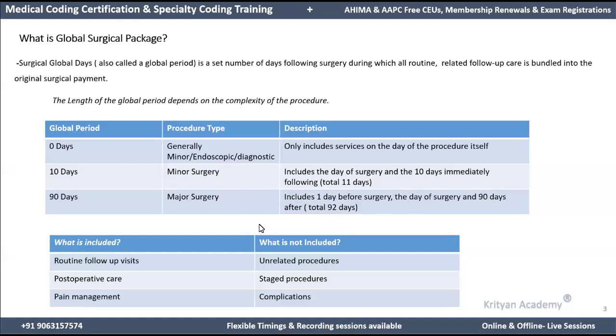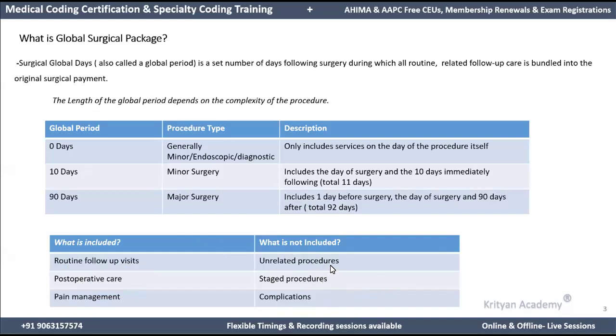What is included and what is not included: routine follow-up visits, post-operative care, and even pain management are a few examples of what is included in the global surgical package. What is not included is unrelated procedures, staged procedures, or complications.